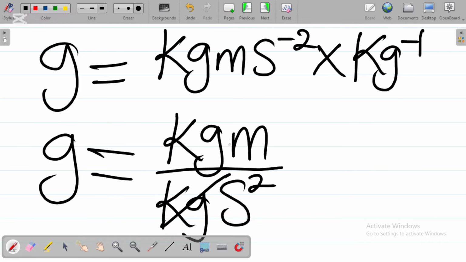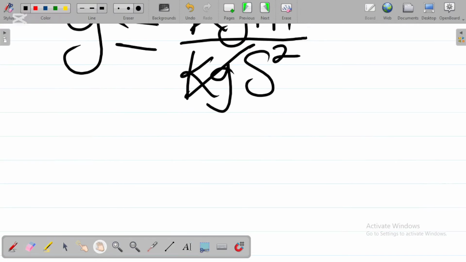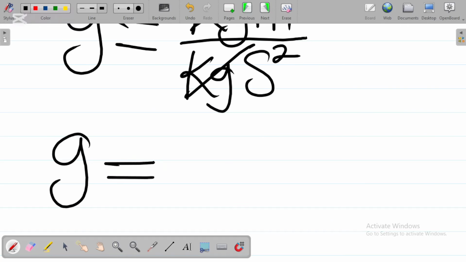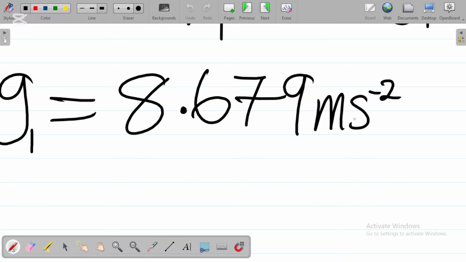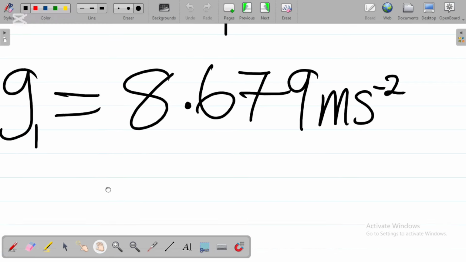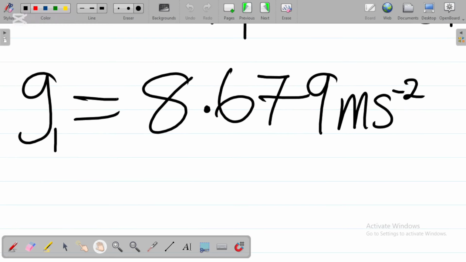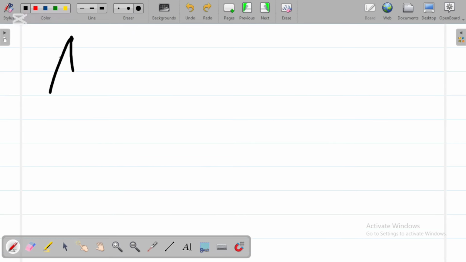So kg cancels off kg. So therefore, acceleration due to gravity G is equal to meter per second square. So that's how we got meter per second square here. So G1 is equal to 8.679 meter per second square. All right.